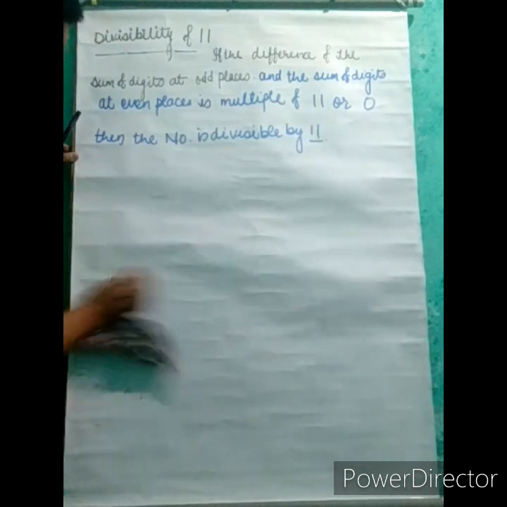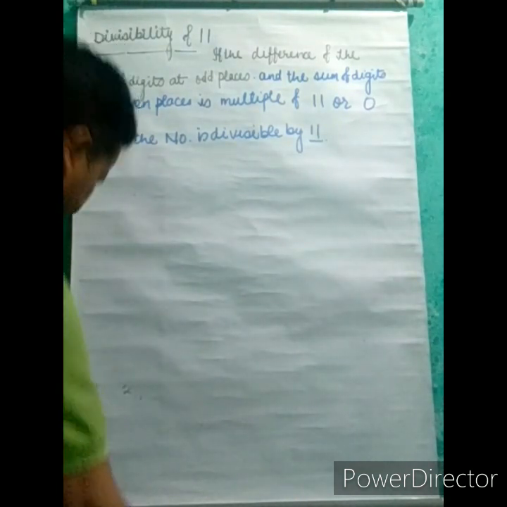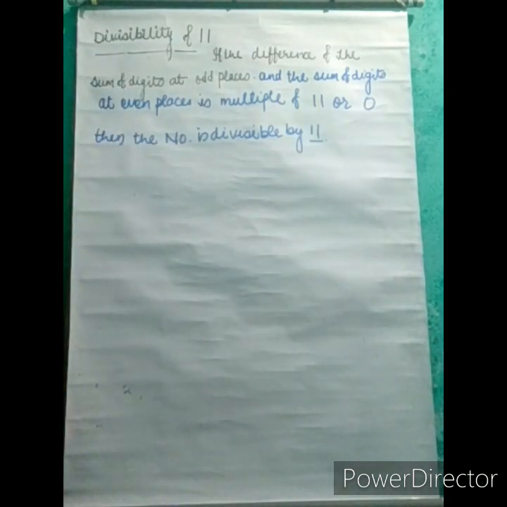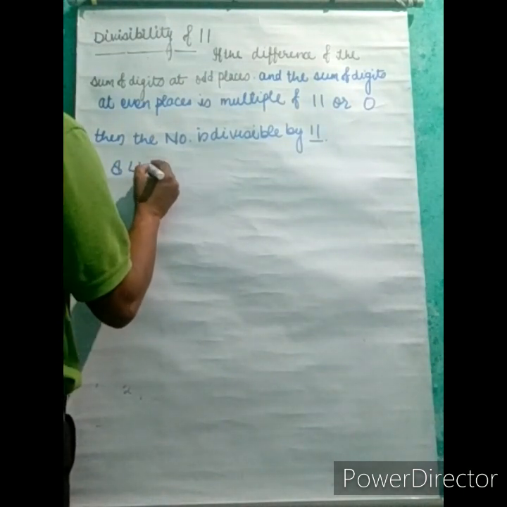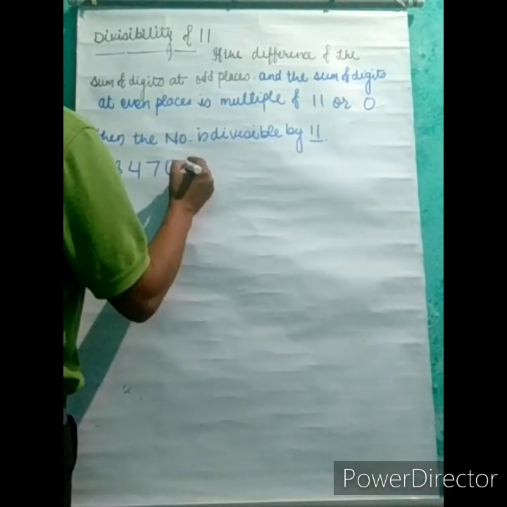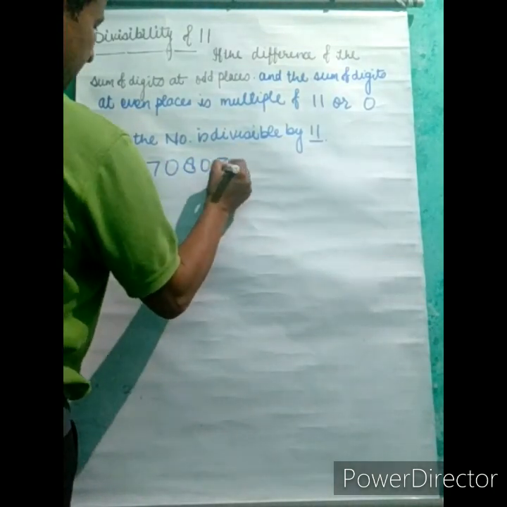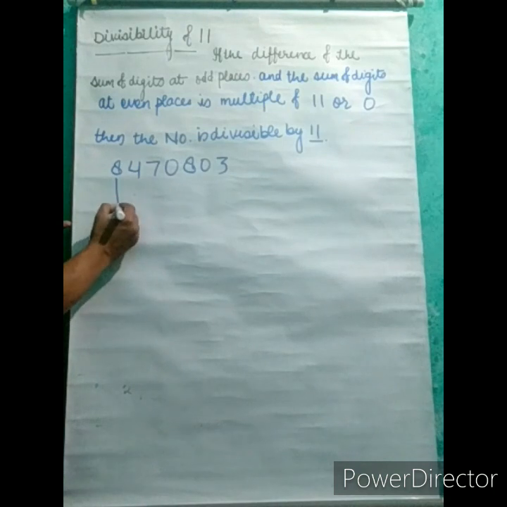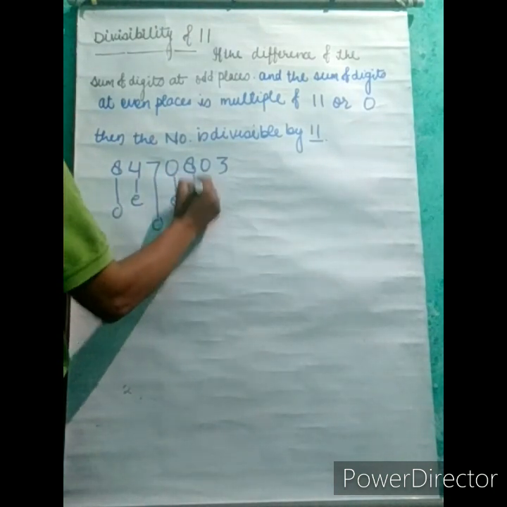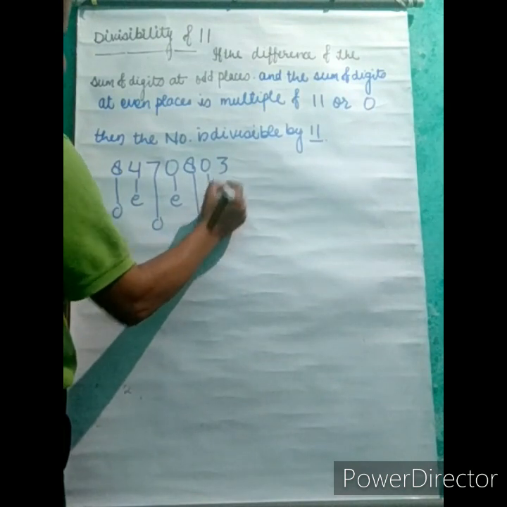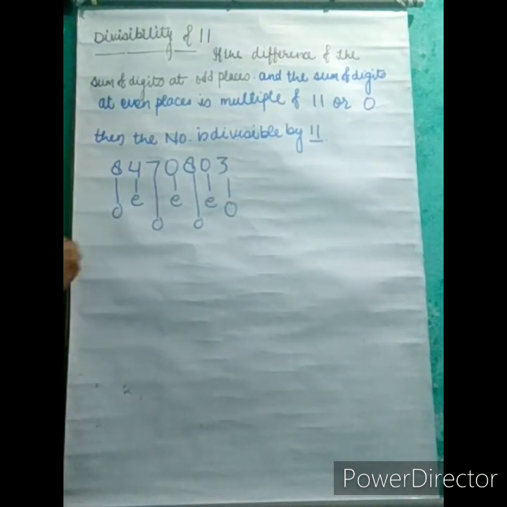Now let's take one more example where the number is going to be divisible. Another number I have: 8470803. First you write odd, then even, then odd, even, odd, even, odd.